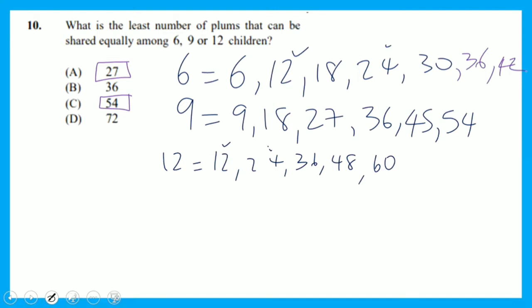You would have seen that 36 is the first common multiple that they have. And the first common multiple they have is clearly going to be the lowest common multiple. So 6, 9, and 12 can go into 36, and that's the least number of plums that can be shared equally for either 6 children, or 9 children, or 12 children.